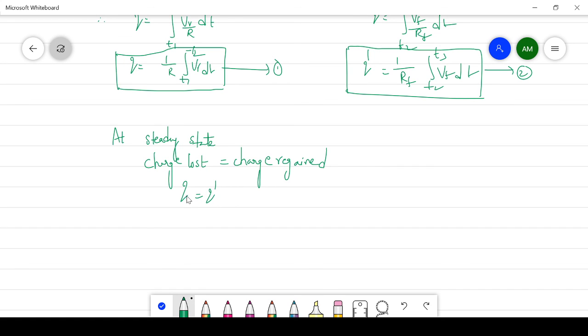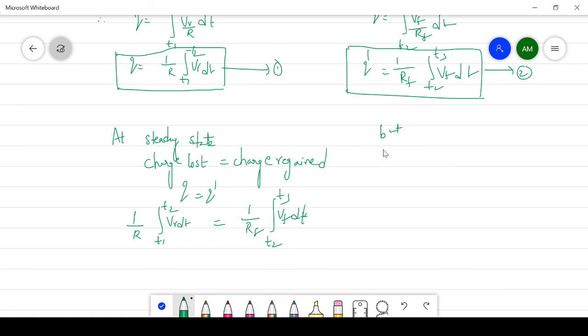So Q, which is 1 by R times the integral from T1 to T2 of VR dt, is equal to 1 by RF times the integral from T2 to T3 of VF dt.